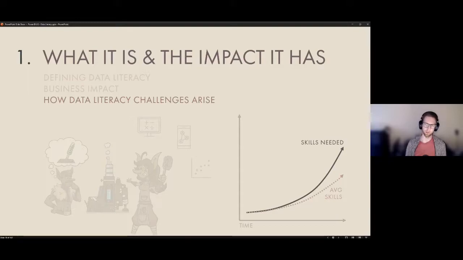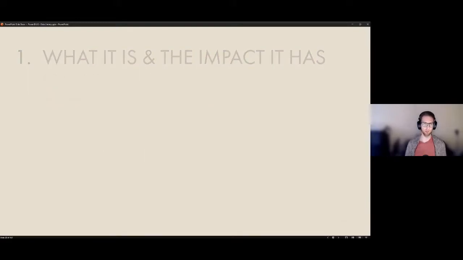What many feel this is creating is a data literacy gap, a gap between the skills that are needed to succeed versus the skills that a particular individual actually has. This is a problem not only for our business's efficiency, but more importantly, because the people who lack those data skills are left out of important conversations where they need to participate. So this is obviously a big problem.